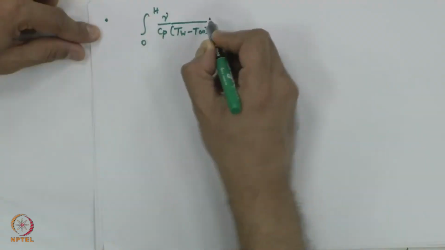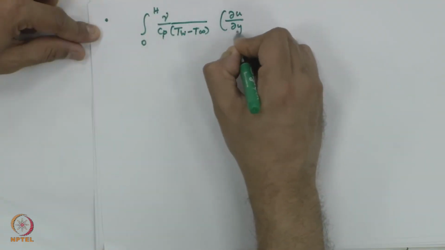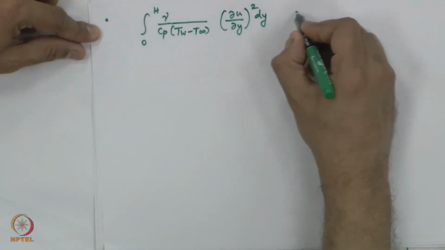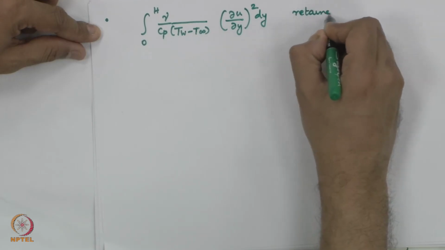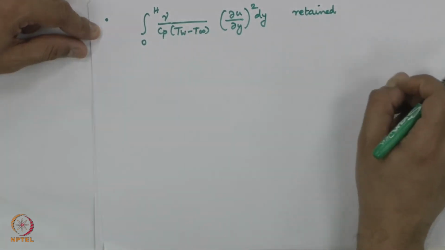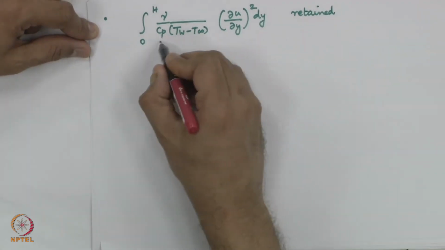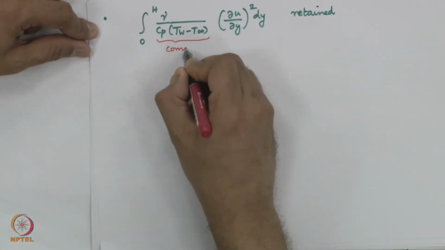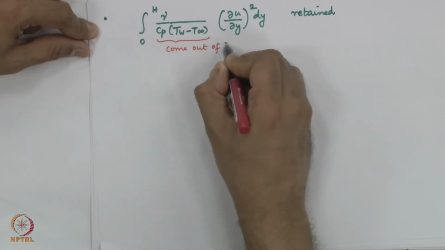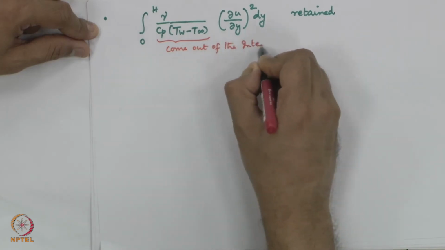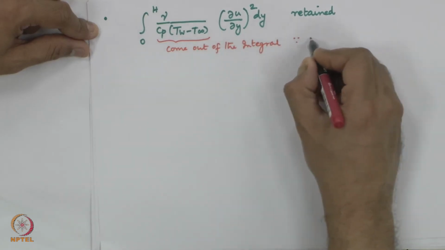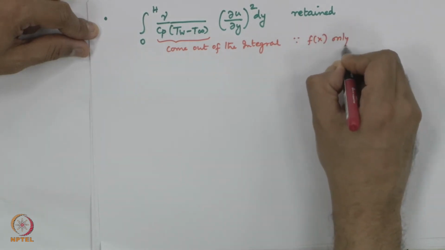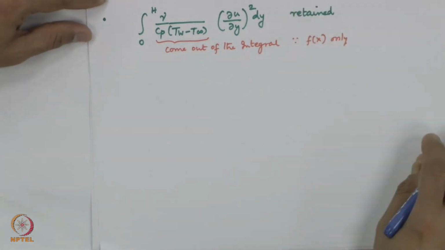The last term is integral 0 to h, nu over Cp, T wall minus T infinity, (du by dy) whole squared dy. This is retained as it is. What happens to this? You can bring this out of the integral because it is a function of x only.